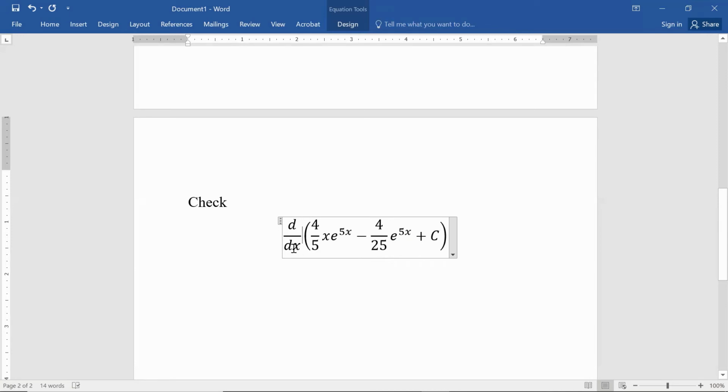If I do that, what's going to happen on this first part is I'm going to have to utilize the product rule to take the derivative of this first part.